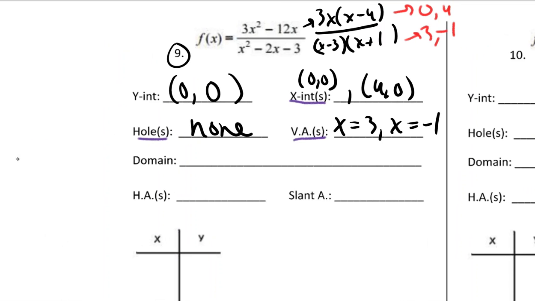Okay, for domain, domain is a way to describe the x values that you can plug in. So you can plug in basically anything you want to, but you can't plug anything in that gives you division by 0. So we need to make sure that we skip -1 and that we skip 3.